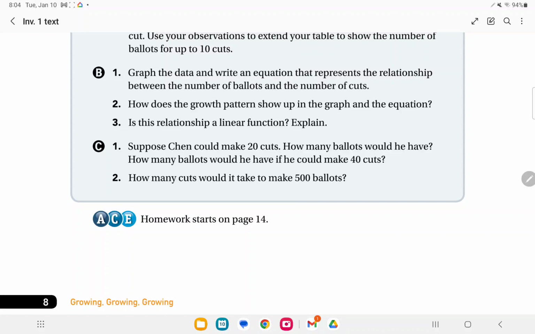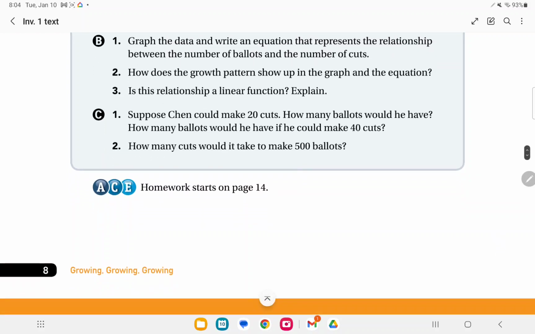If your calculator is big enough, you might have to use a computer, actually, because I don't know if most calculators would have enough digits to answer some of these, especially the 40 cuts. So jump on a computer and type these in, see if you can't figure it out. But go ahead and do letter C, numbers 1 and 2 on your own, and then come back to the video.